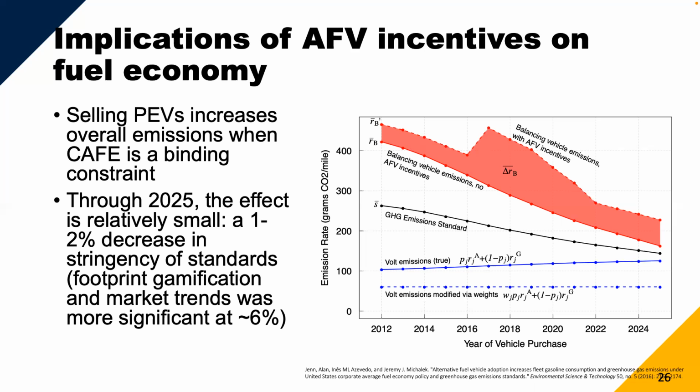The difference between this red line and the artificial balancing that happens because of the incentives is the extra emissions that happen because of having those incentives in place.